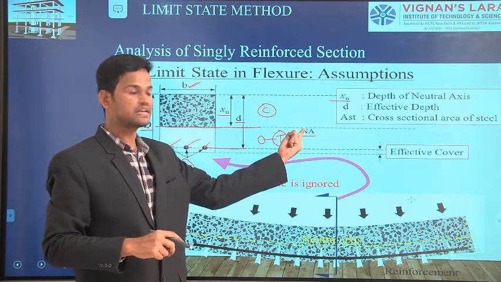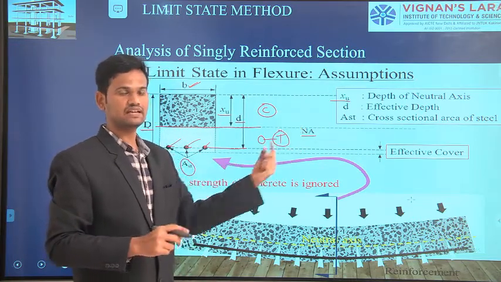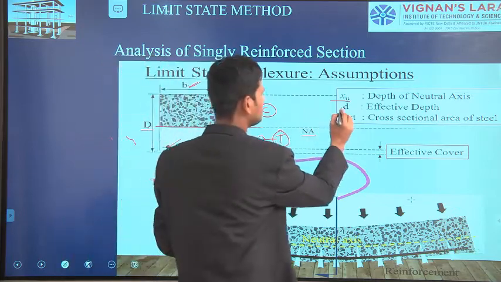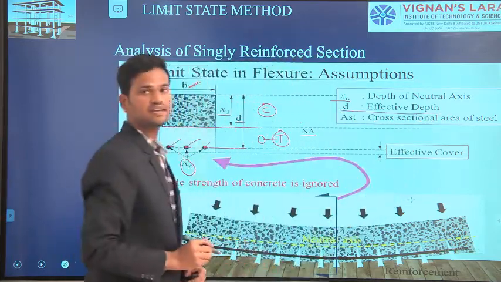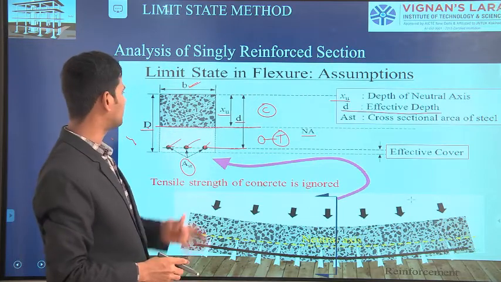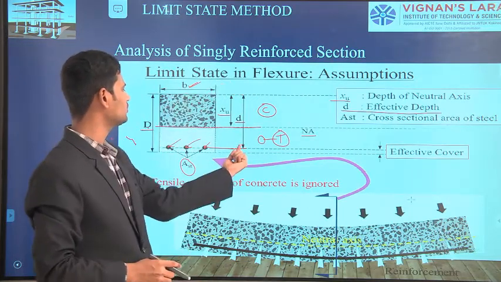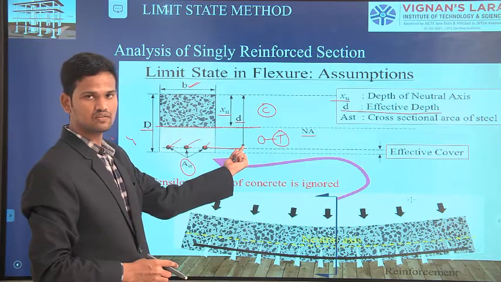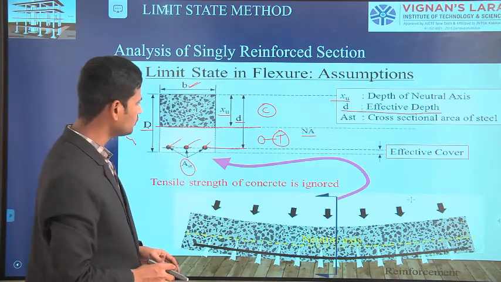And here D is the effective depth of the sectional member, that means from the top of the compression fiber to the center of the steel bar we are considering as the effective depth.